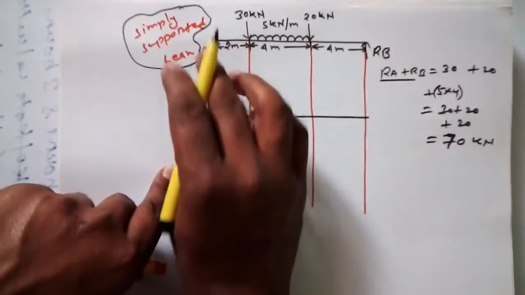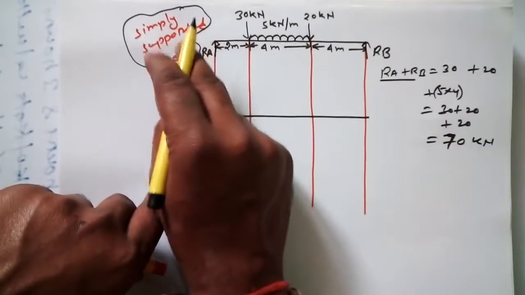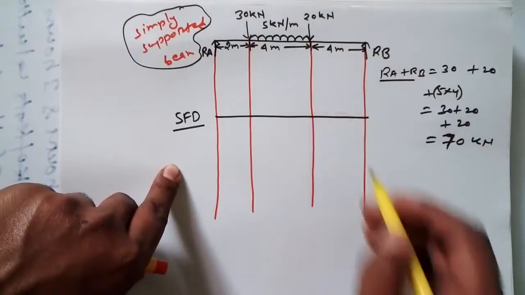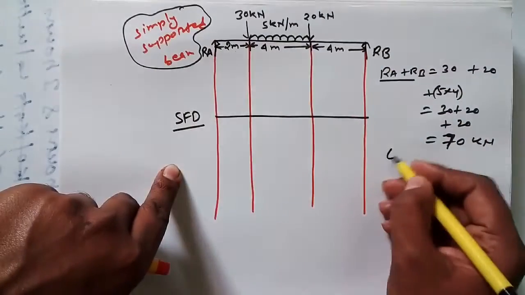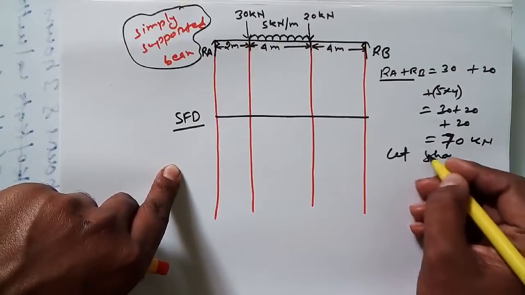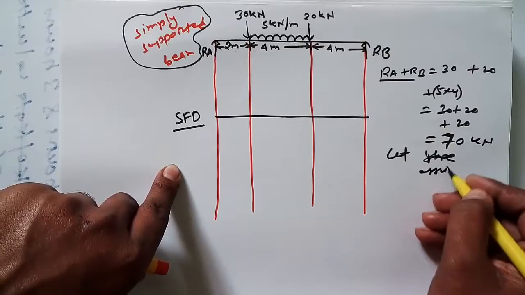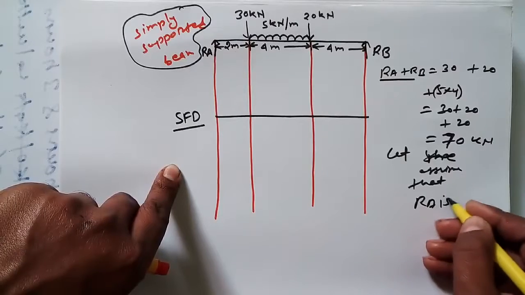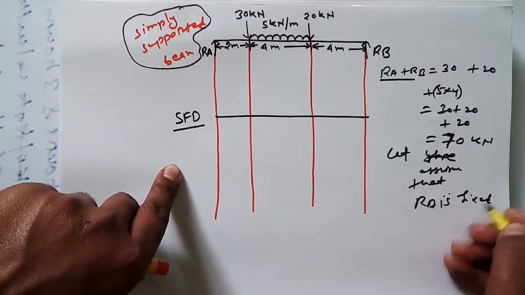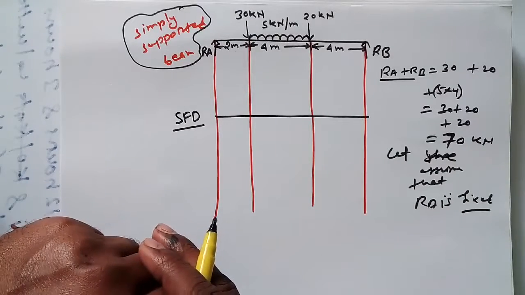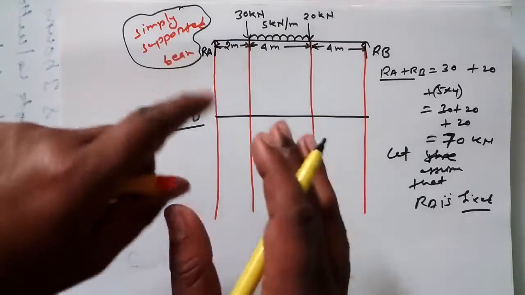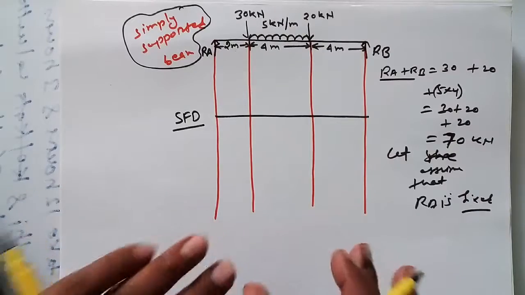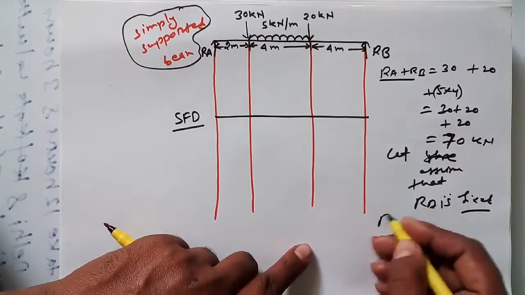Now let me find out how much reaction force is acting here and how much reaction force is acting here. Let me assume that RA is fixed. If I assume RA is fixed, we can write an equation.